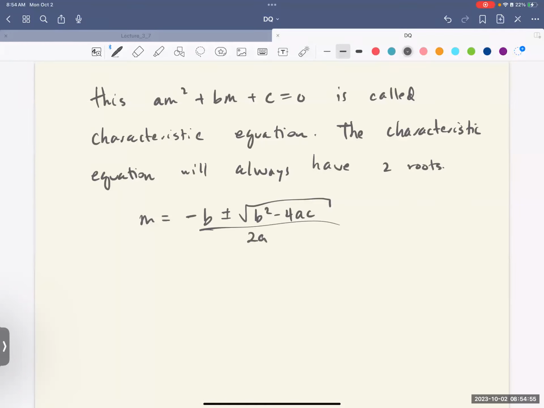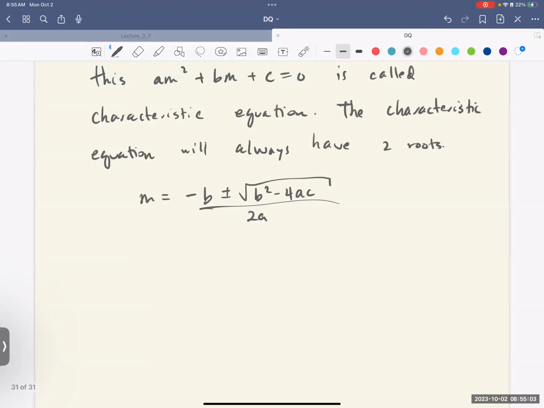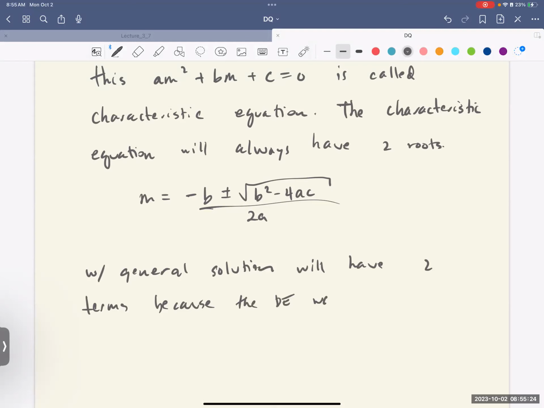And since our equation was a second order differential equation with constant coefficients, we know that a general solution will have two terms, because the differential equation was second order.